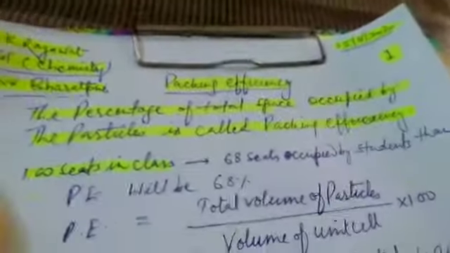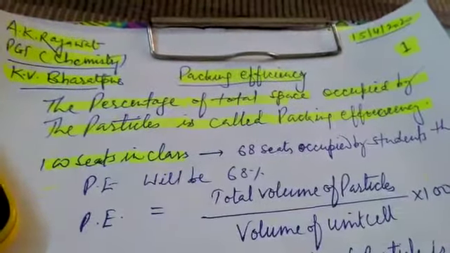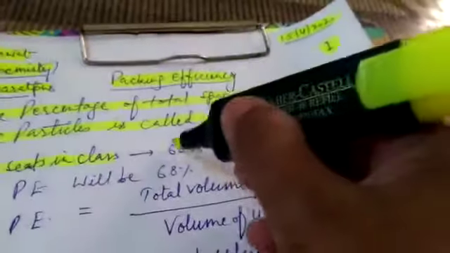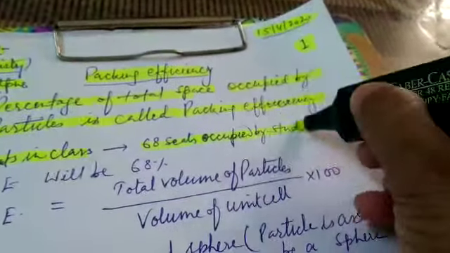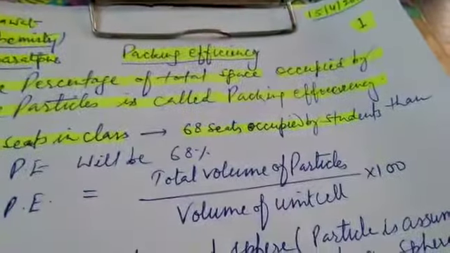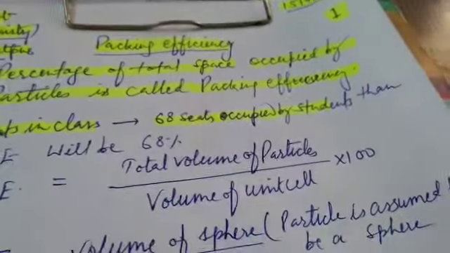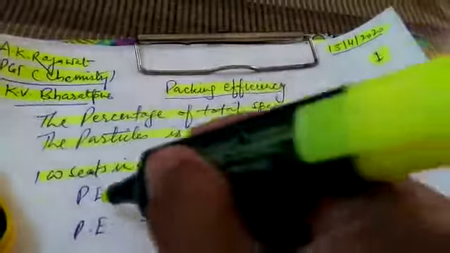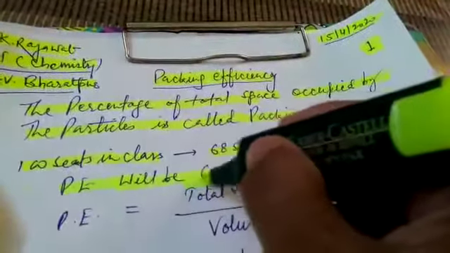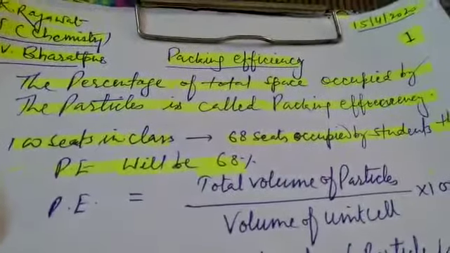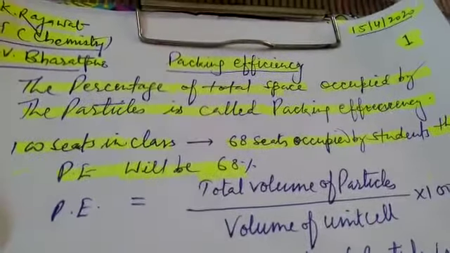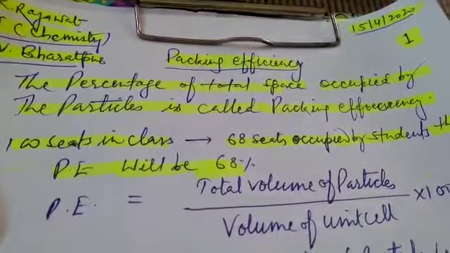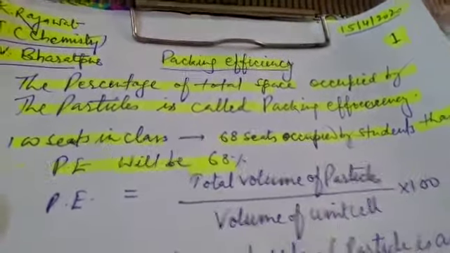If 100 seats are available in a class, and if 68 seats are occupied by students, then the packing efficiency will be 68%. So the total space of the unit cell occupied by particles is called packing efficiency.